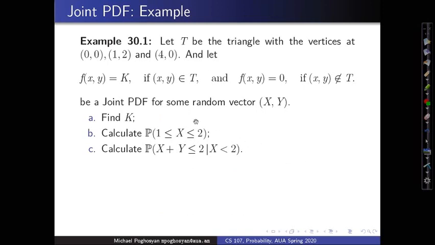Now let's solve some problem. The first problem is the following. T is the triangle with vertices at (0, 0), (1, 2), and (4, 0). Let me first draw that triangle.